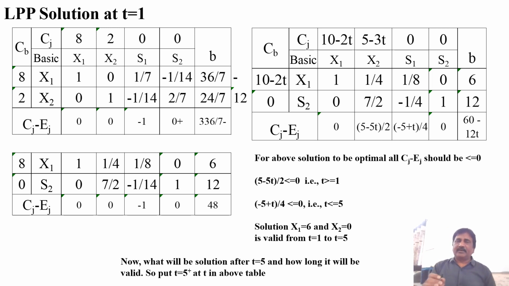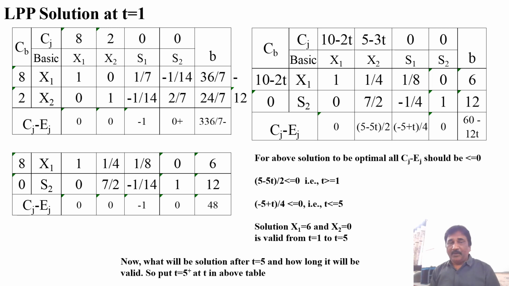Now you just think, because the profit is decreasing as time is increasing, the profit coefficient of x1 was 10 minus 2t. So after 1 week, if at all we are producing, then the chances of producing product A, to which x1 corresponds, are more, because it is giving you more profit in spite of the fact that 1 week is over, one time period is over.